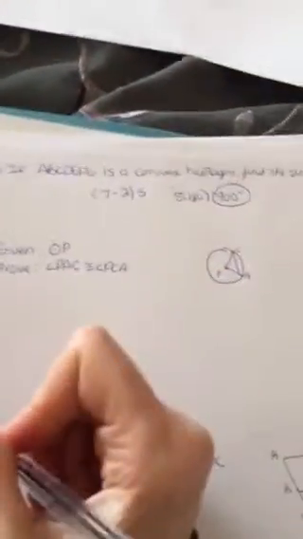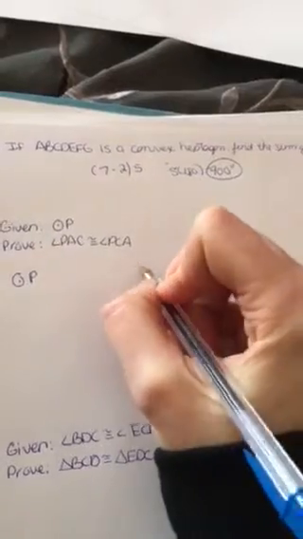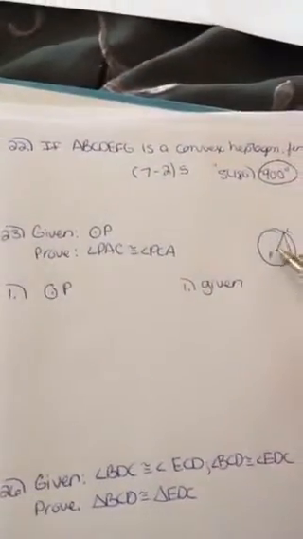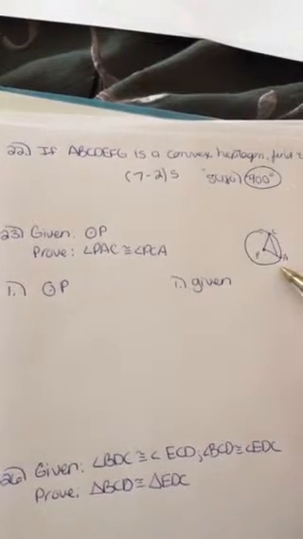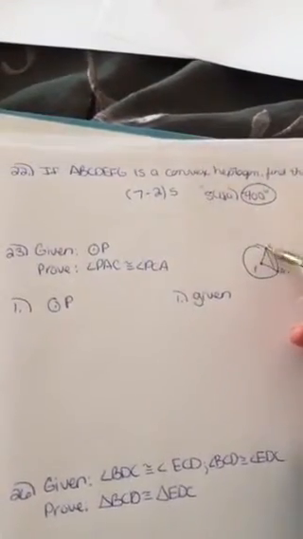All right. Our next proof, we are given circle P. So that's given. And we have to prove that PAC is congruent to PCA. So what do I know here? I know that PC is a radius, and so is PA.